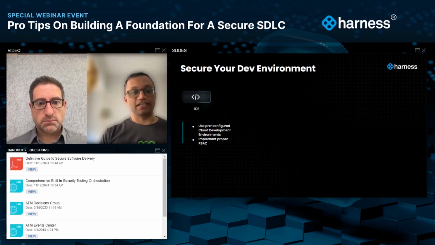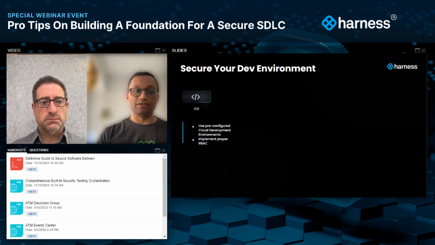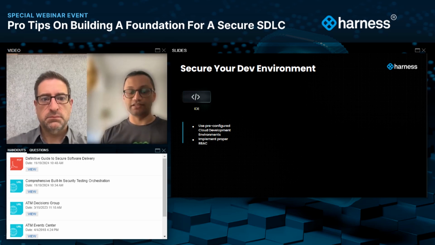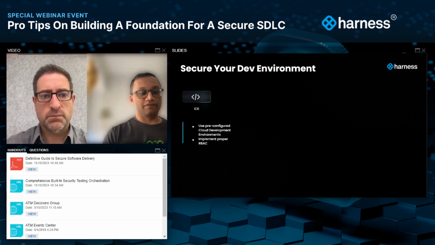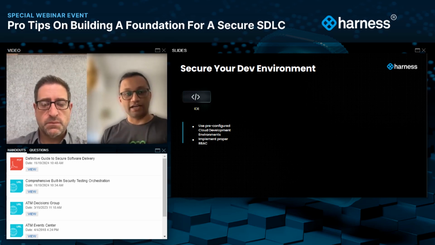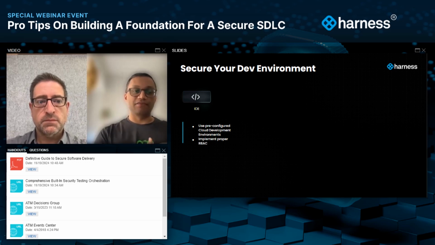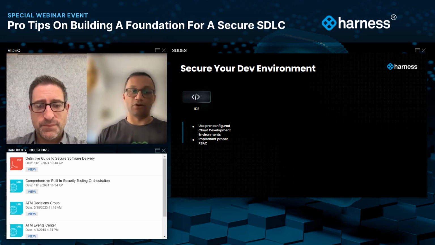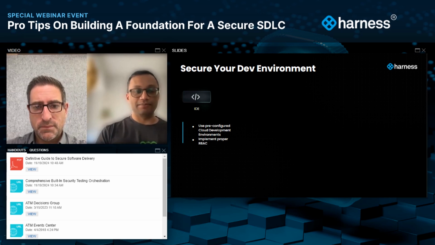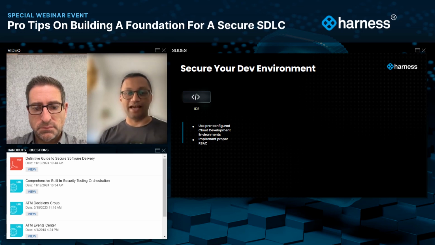And also your data is more secure than with developers writing code on their own machines. It also helps whenever you onboard new contractors, so you can give them specific access to the cloud development environment as compared to the regular employees you have. So cloud development environments are highly recommended as they give you the flexibility to manage your code in a more efficient way. And as we all know, code is core IP, so definitely securing that is a priority.